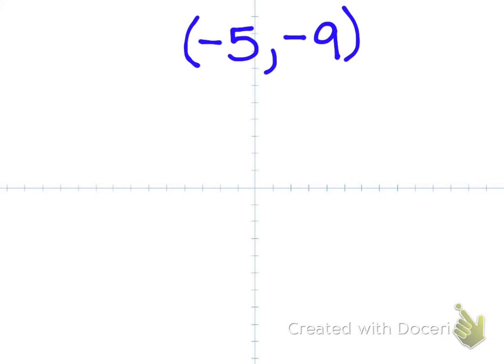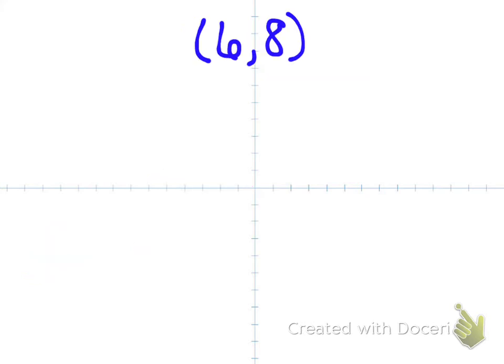So that means I've got to travel to the left and down. This is quadrant 3. And the last example is the ordered pair 6, 8. Notice both values are positive. So in order to travel to a positive area, we're traveling to the right, and then we're traveling up. This happens to be quadrant 1.